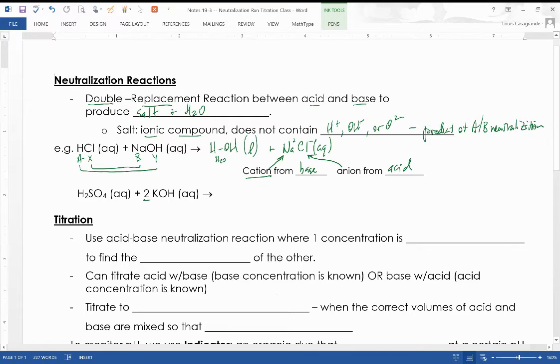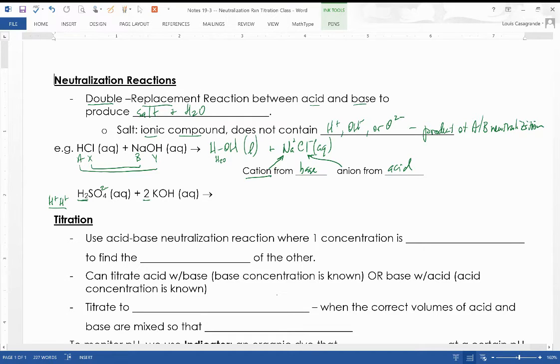And the whole idea here is we have H2. Now, H2 is not a compound. There's no H2 ion. If you remember, that means that we have 2 H plus ions to go together with the sulfate, which is a -2 charge. So when you put the products together with this, you've got to keep that in mind.